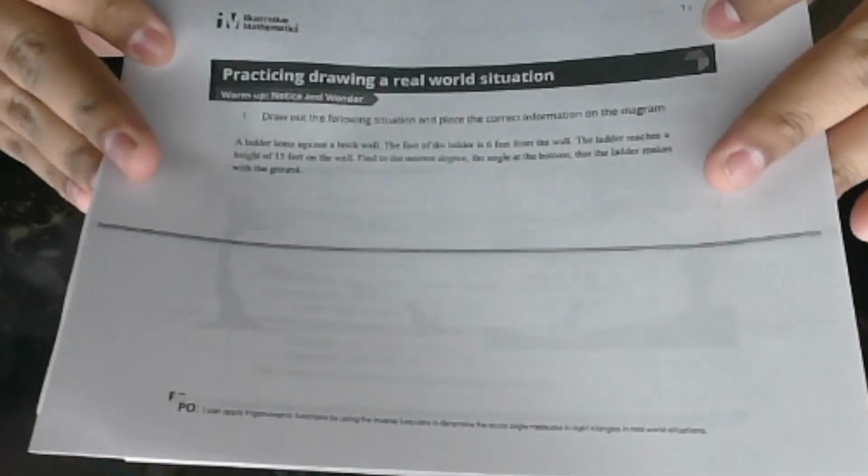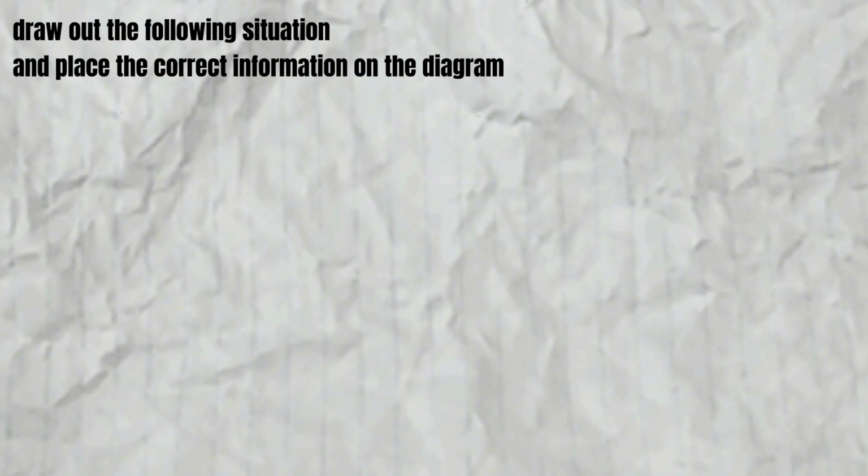First is the practice problem, which states, draw out the following situation and then place the correct information on the diagram. And we have it right here.